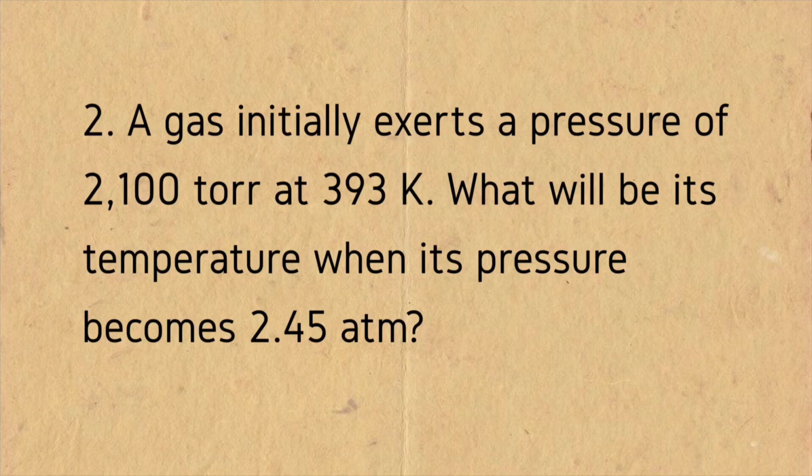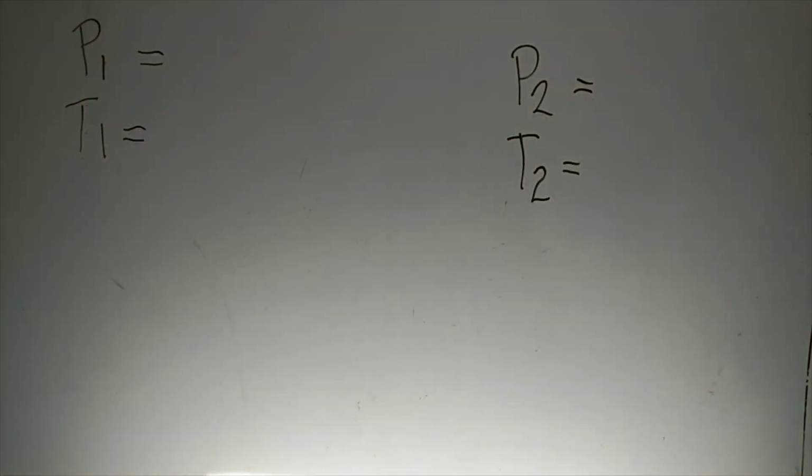Let us now proceed to sample problem number 2. A gas initially exerts a pressure of 2,100 torr at 393 Kelvin. What will be its temperature when its pressure becomes 2.45 atmosphere? So to solve the problem, we will write all the given information.